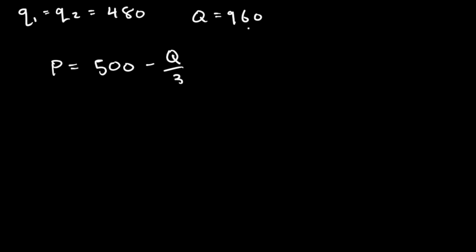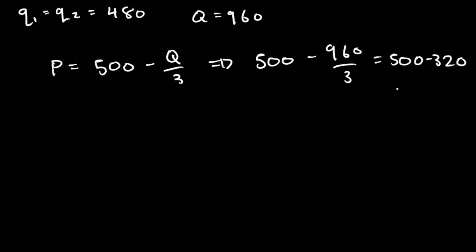Now that we have our value for Q, we can plug this into our price function for the market, and we'll get this, which is going to equal 500 minus 320, which is going to equal 180. So we know that the price in the market is 180 based on this value of quantity.